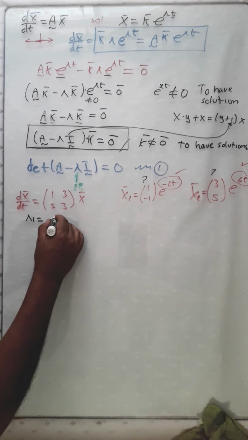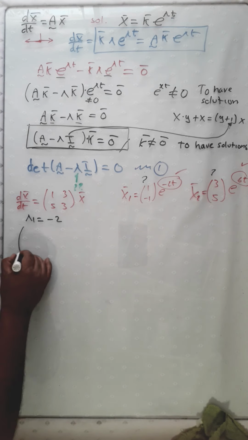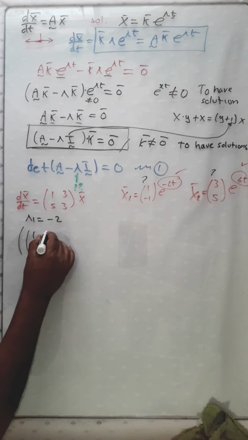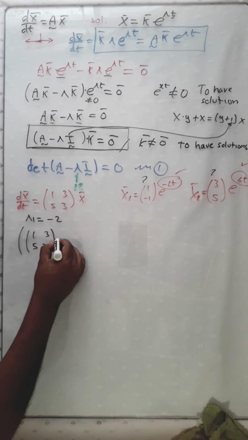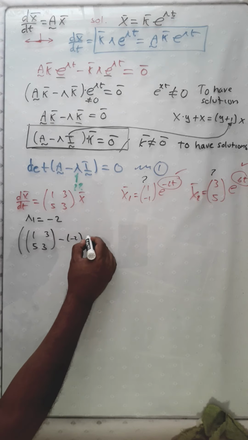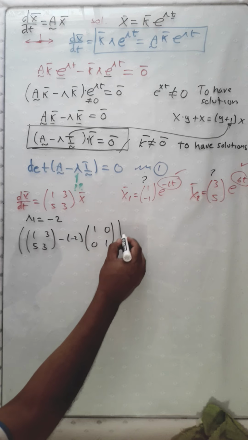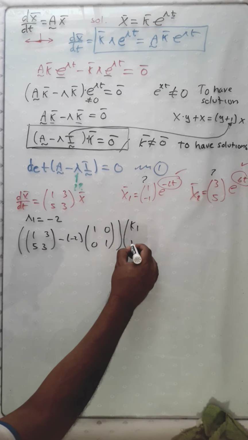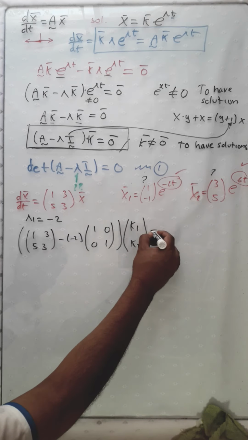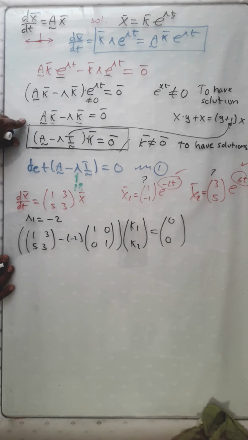Lambda 1 is equal to minus 2. So it's going to be the A matrix 1, 3, 5, 3 minus the value of lambda. I'm going to replace the value of minus 2, times the identity matrix 1, 0, 0, 1, and then times the k vector, k1 and k2, and that should be equal to my 0 vector. As you can see here, I'm using this equation.